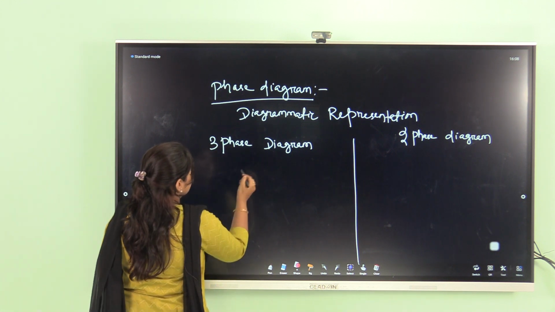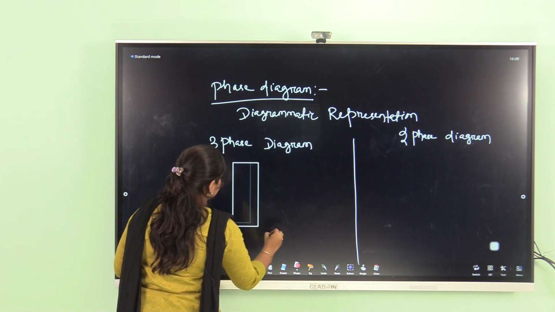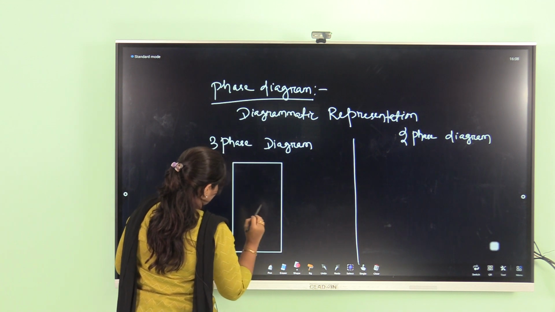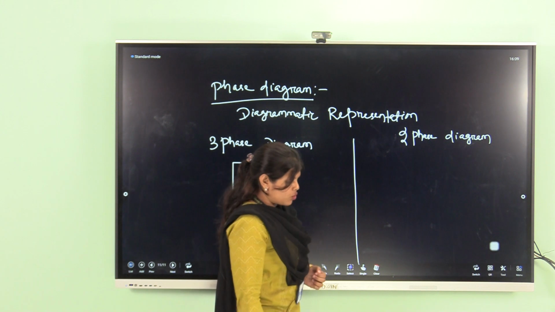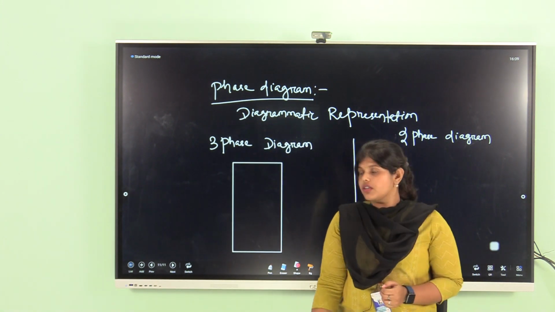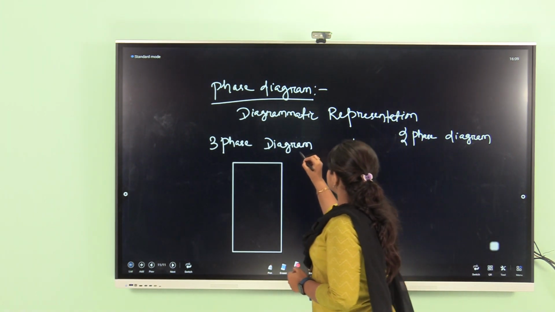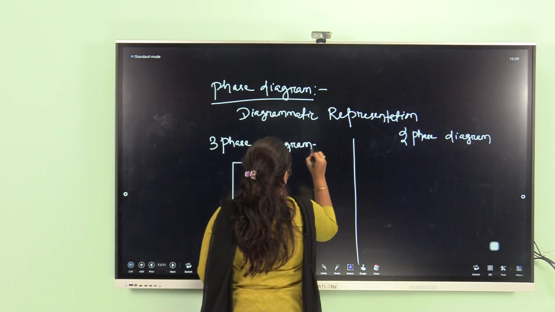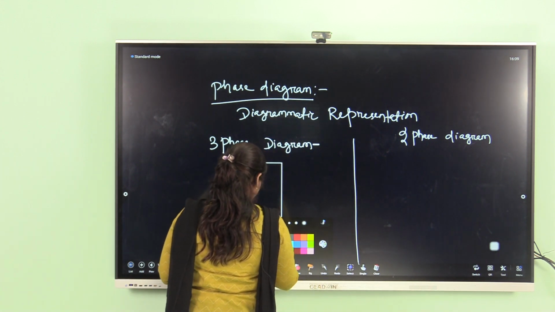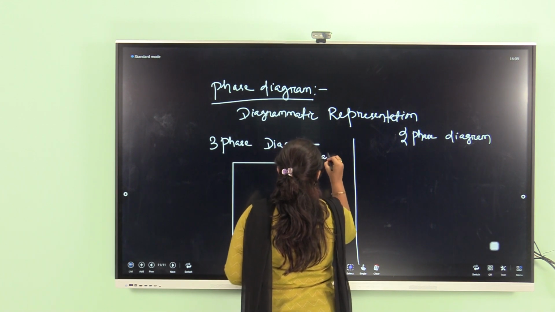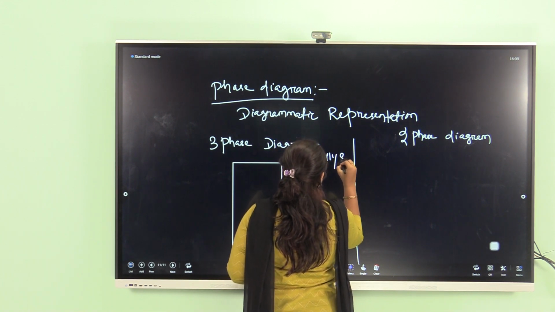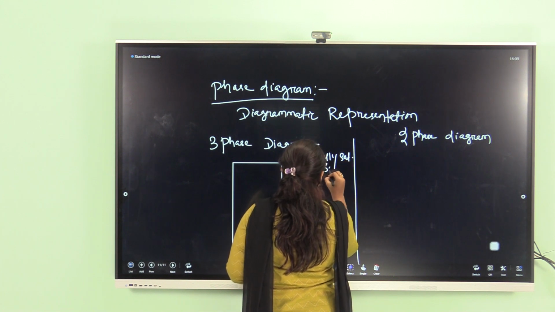To show this 3-phase diagram, we need a rectangular structure. The 3-phase diagram shows partially saturated soil.